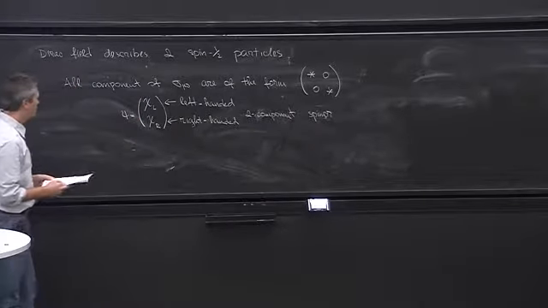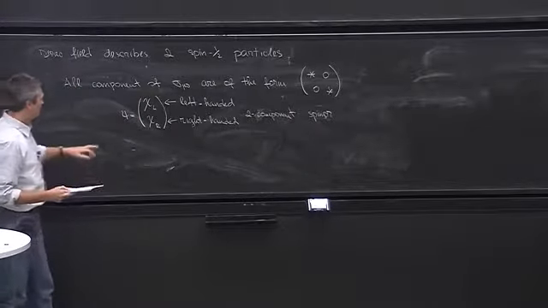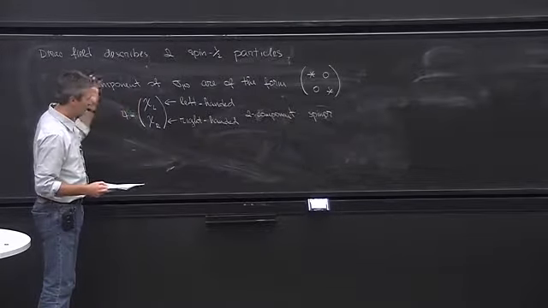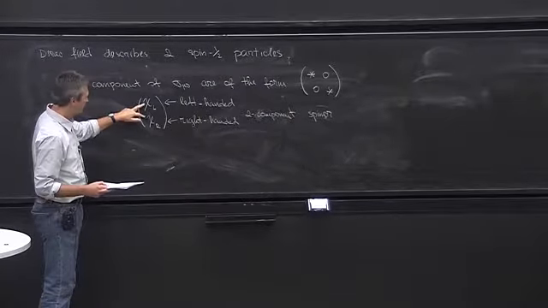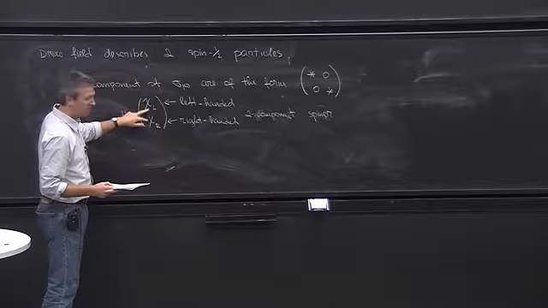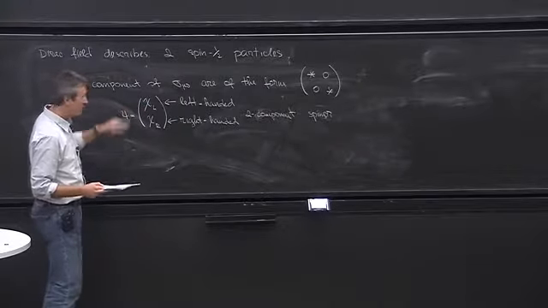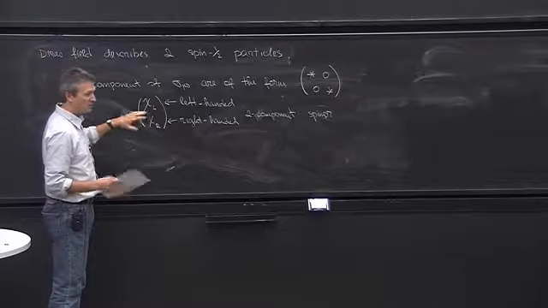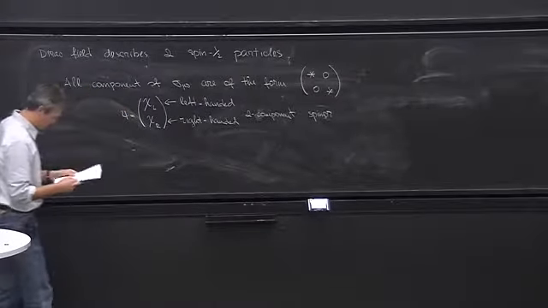So for fermions without mass, we'll see that, it turns out that in the Dirac equation, the left and the right components of the spinor are mixed. But if we set mass to 0, then the equations completely decompose.